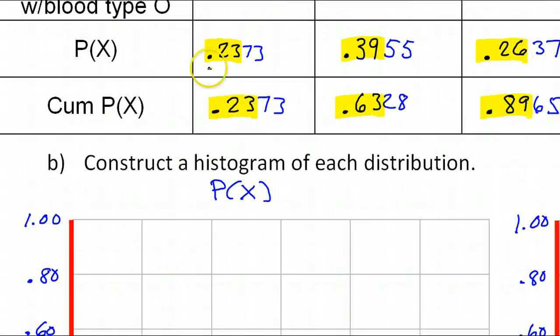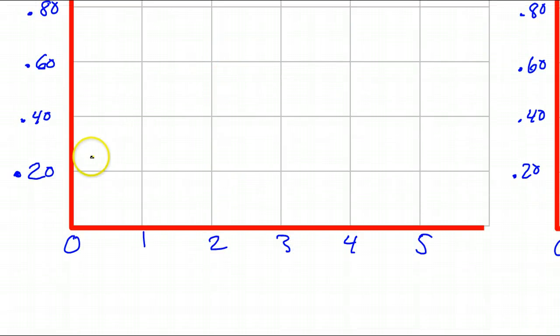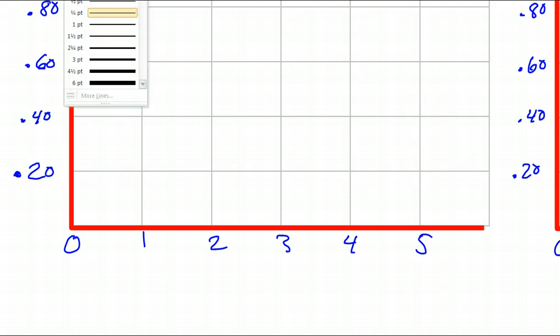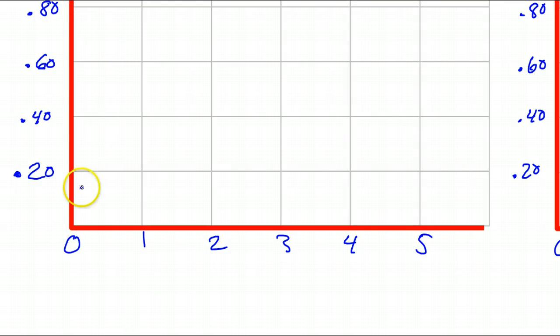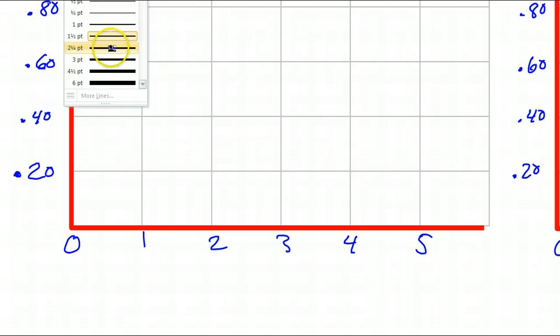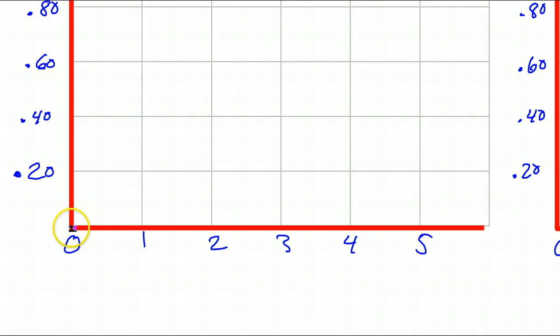So the first one is 0.23. Alright, that's just a little bit above this. So it should be something like this. You know what, let me make this a little bigger. There we go. Alright, so it should just be a little bit above.